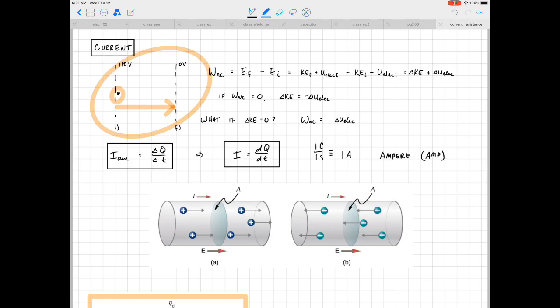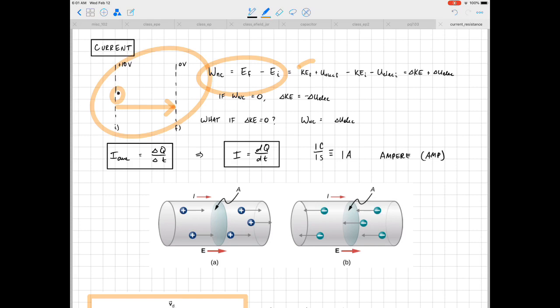But what I wanted to do is write out our conservation of energy expression here. If you remember back to 101, the change in the energy, the final energy minus the initial energy, is equal to the work done by the non-conservative forces. Of course, if there's no work done by non-conservative forces, E final equals E initial, and you get conservation of energy.